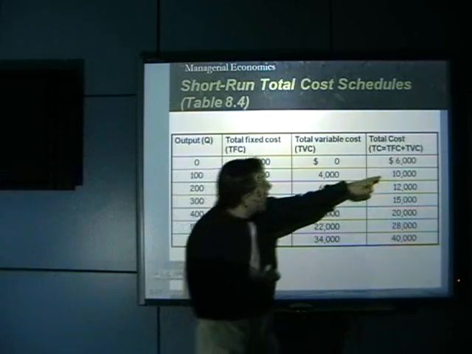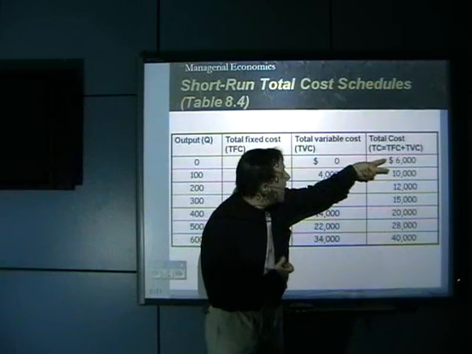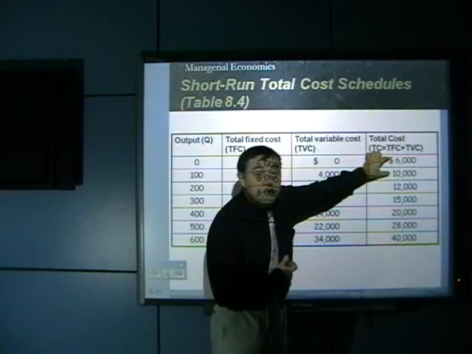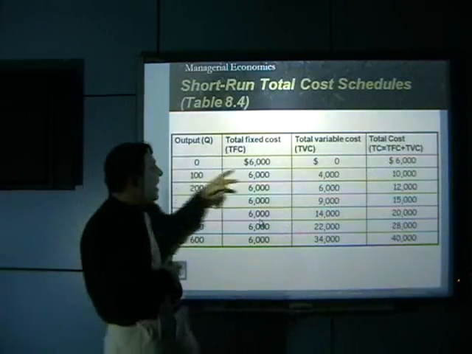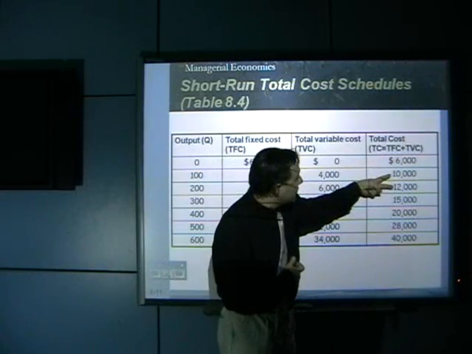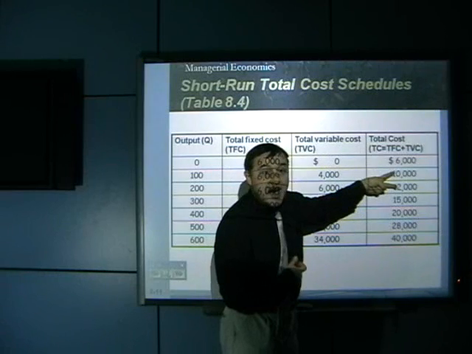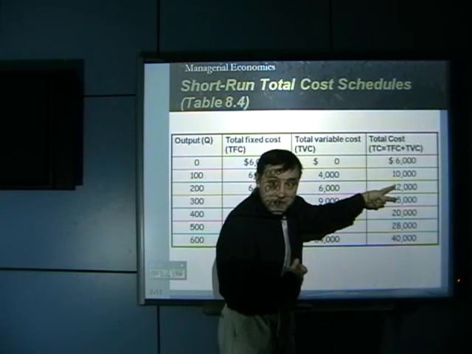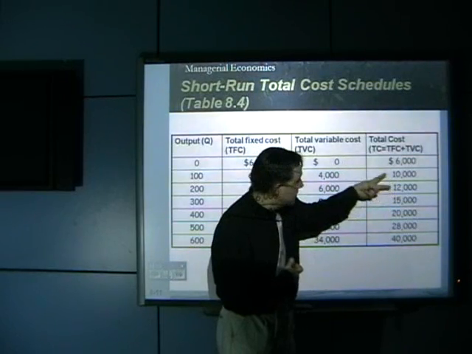Alright? 10,000 minus 6,000, this is the total cost, makes 4,000 divided by 100, this is 40, right? The next number, 2,000 divided by 100, it's 20. So 40, 20, 30, right? You see it?